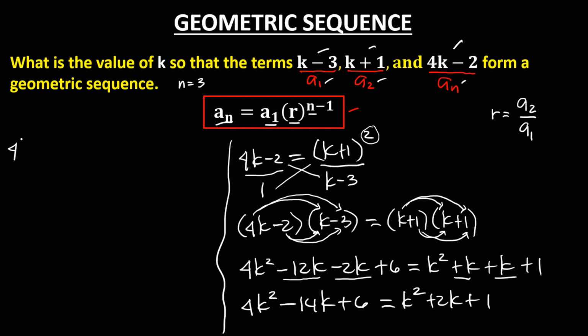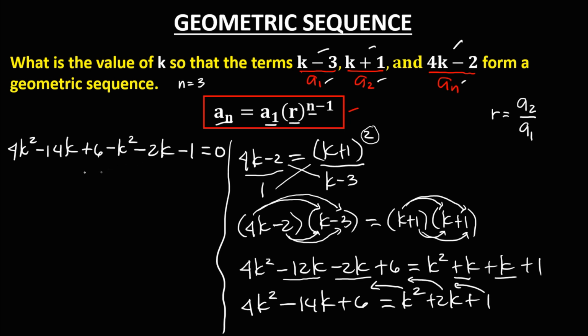So this becomes 4k squared minus 14k plus 6. Transpose this k to the power 2 to the other side, so this becomes negative k squared. Transpose this positive 2k to the other side, so that becomes negative 2k. And transpose this positive 1 to the other side, that becomes negative 1, then equals 0.